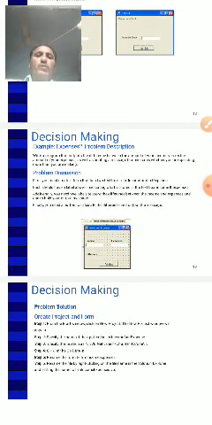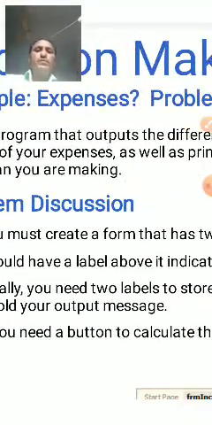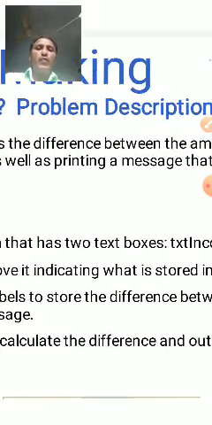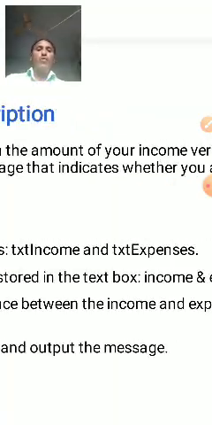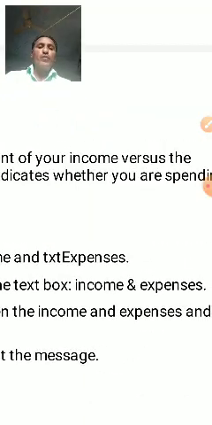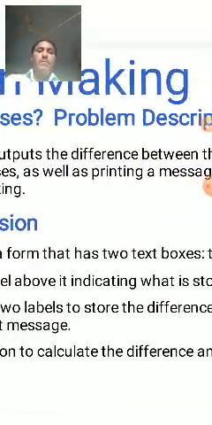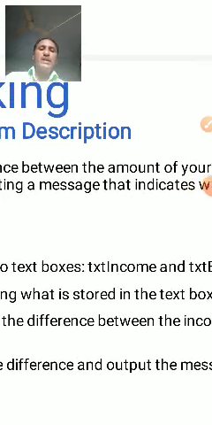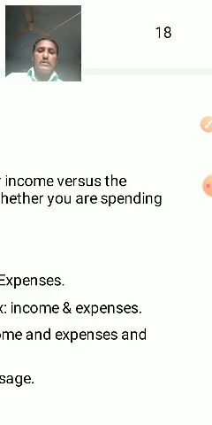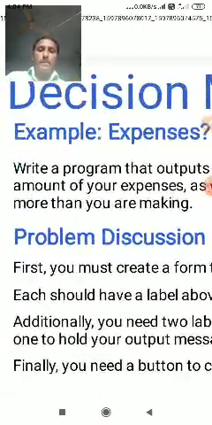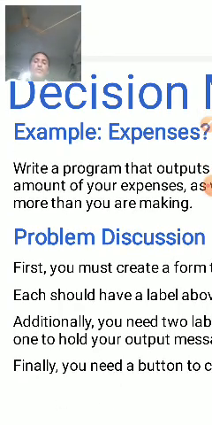Problem description: write a program that outputs the difference between your income and your expenses, as well as printing a message that indicates whether you are making more than you are spending.